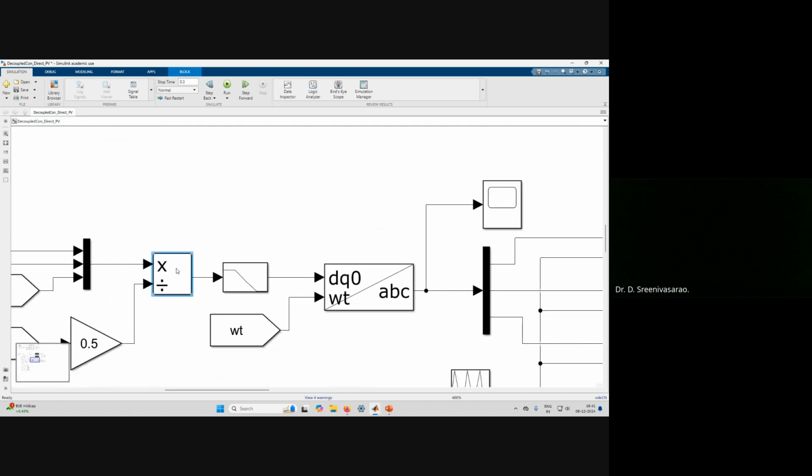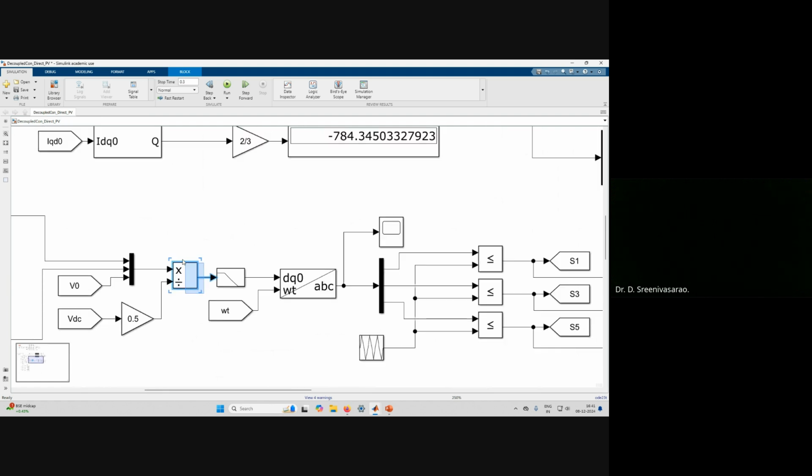Normally these DQ frame values are DC values. Sometimes some noise will be there, so usually you can connect a small low pass filter here, just to reduce the noise. This is optional. So this is dq0 omega t, and we have the abc reference frame here.